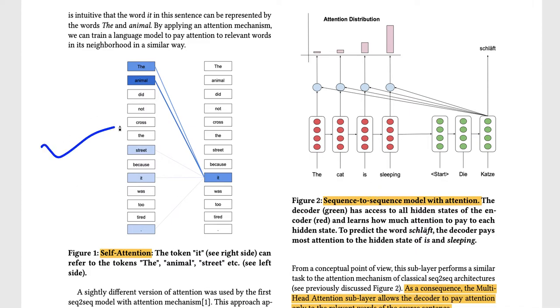Okay, so this is a demonstration of the self-attention. If you see this sentence here, the animal did not cross the street because it was too tired, right? The animal here is actually referred to with the word it, and it's pretty long. I mean, there are around 3, 4, 5, 6, 7, 8 words in between, and an RNN may not be able to attend to it in an efficient way.